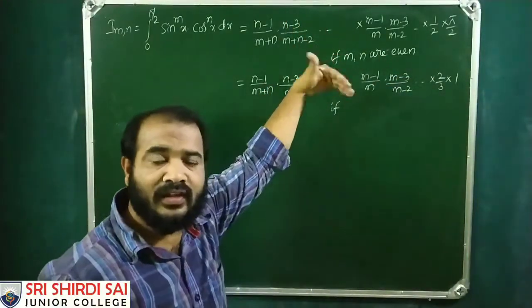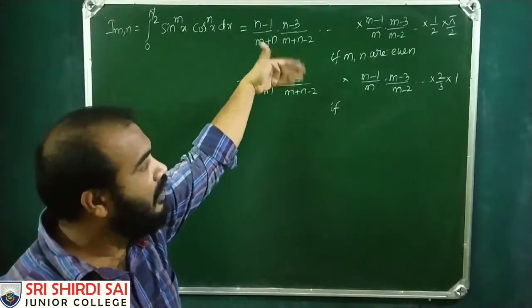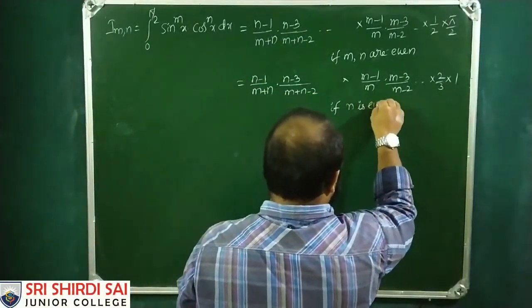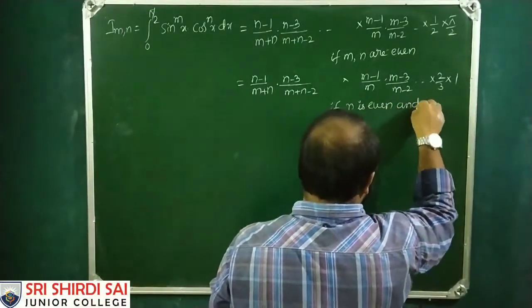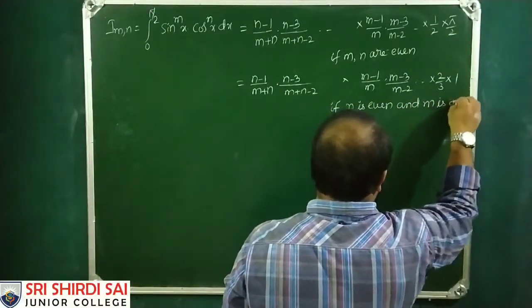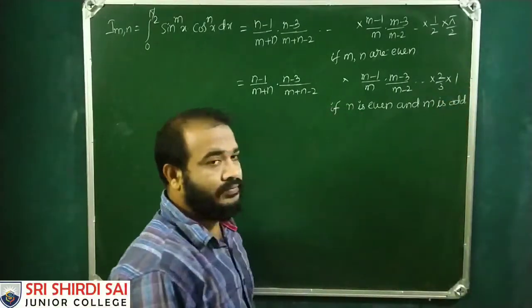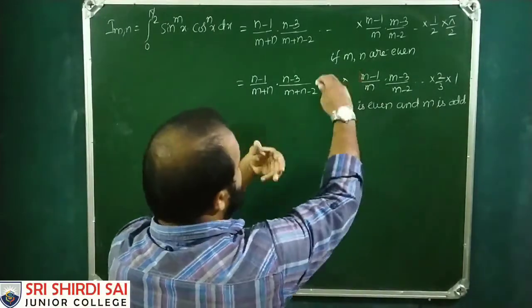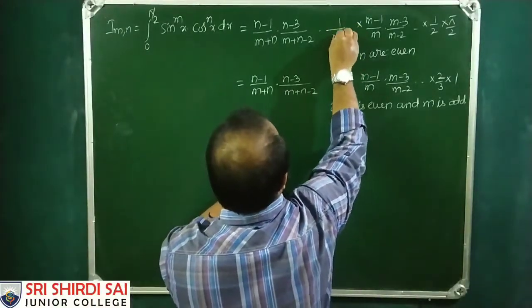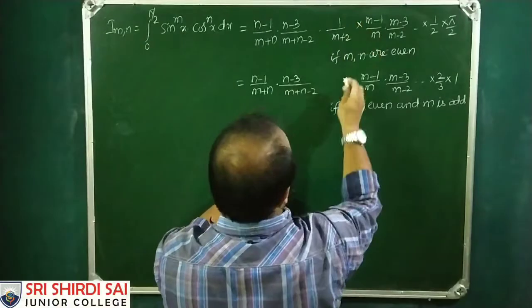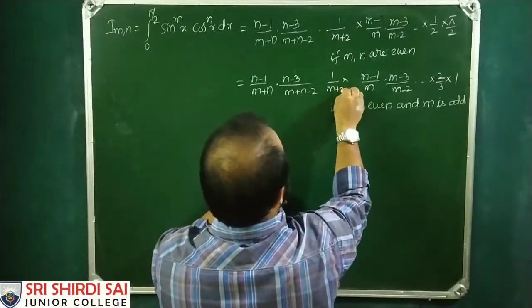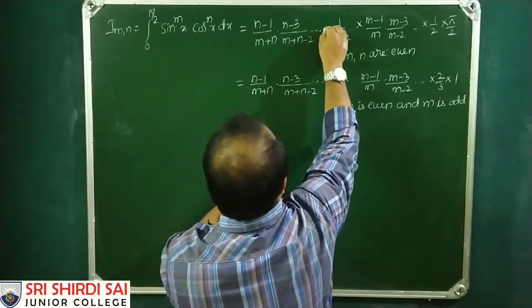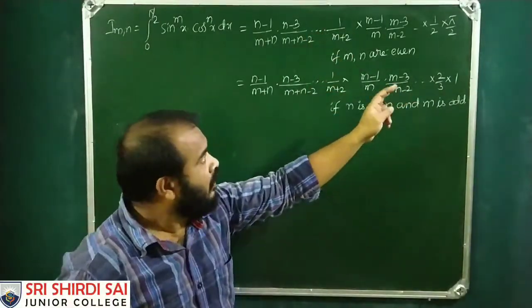These two cases, in the case of n even, we are discussing. So if n is even and m is odd, and if you want the previous term, it will be 1 by m plus 2, etc. Okay, so no need to remember this.